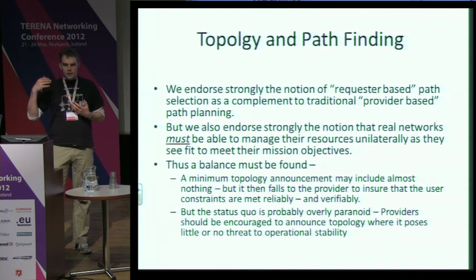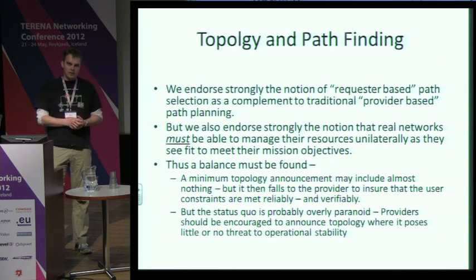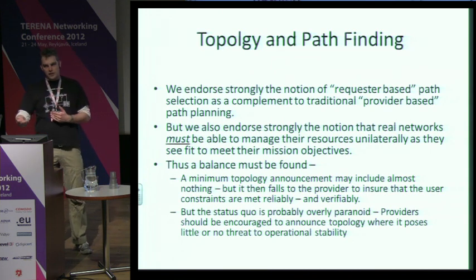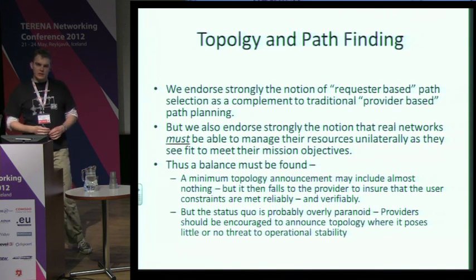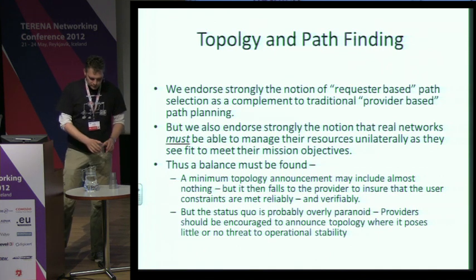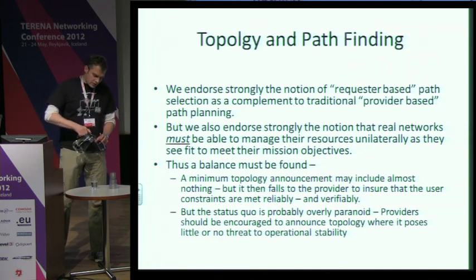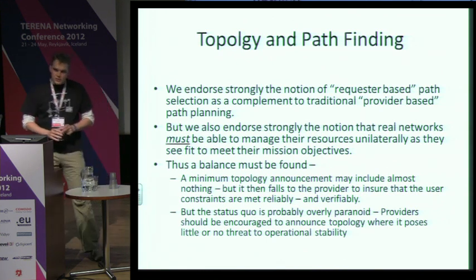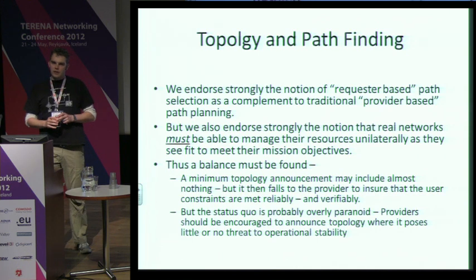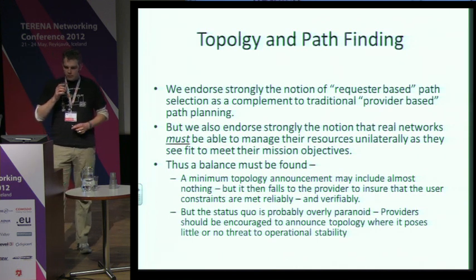The current NSI implementation gives the user the ability to figure out the path before requesting it, and then going and requesting each of the segments that's needed, and in that sense making the decision himself. And the other option is that the requester goes to a provider and says, I want to have a path from A to B, and then the provider just gives him a path.